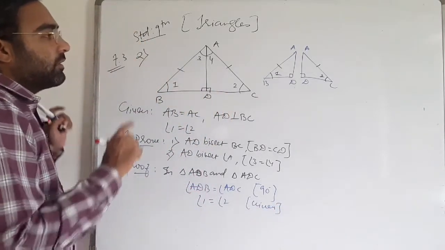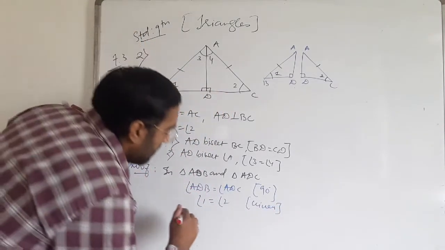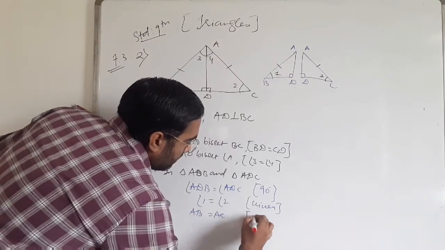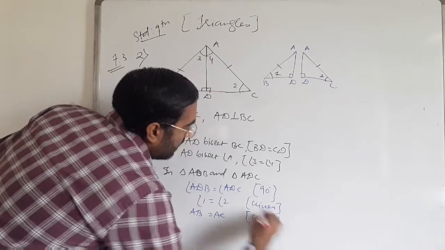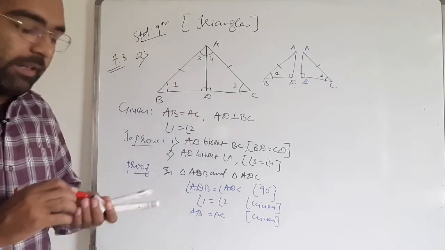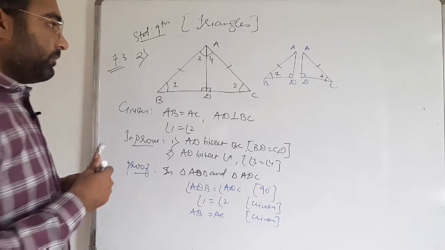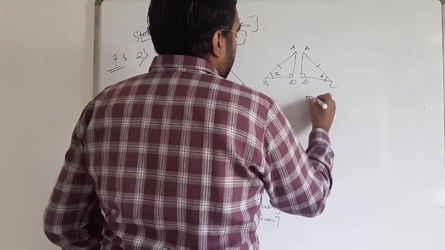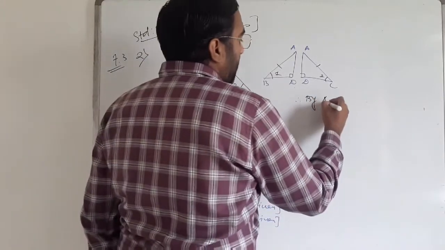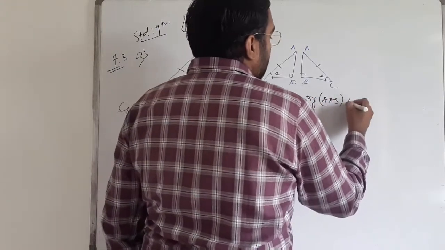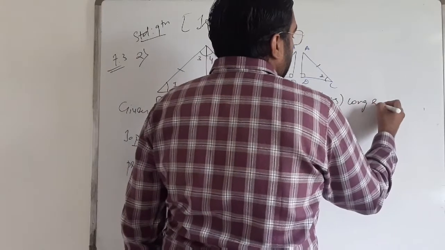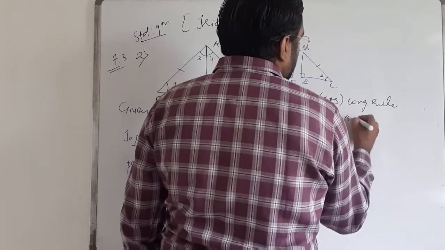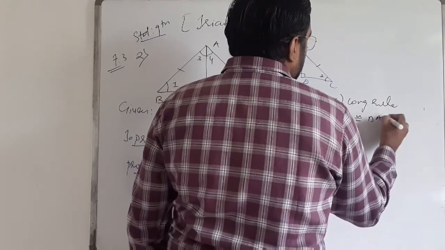And third, AB is equal to AC. Clear? Therefore, by the angle-side congruency rule, triangle ADB is congruent to triangle ADC.